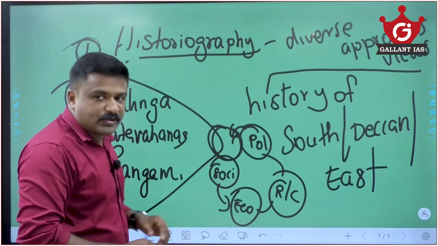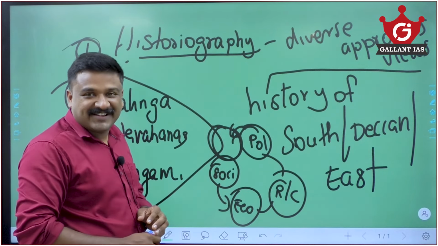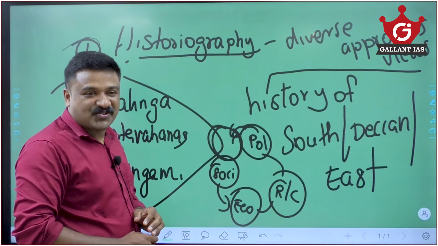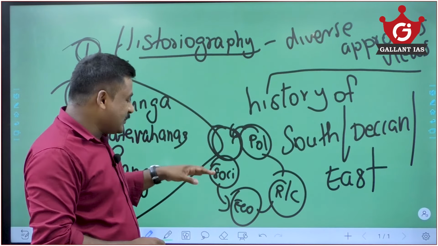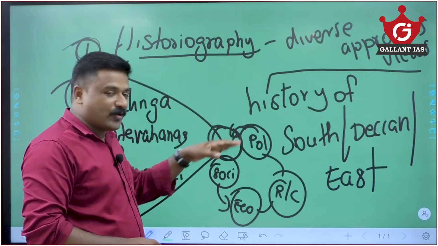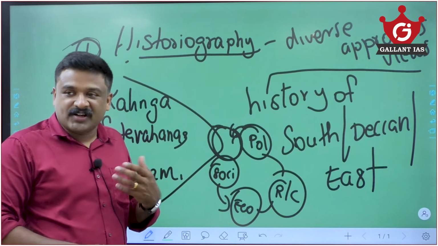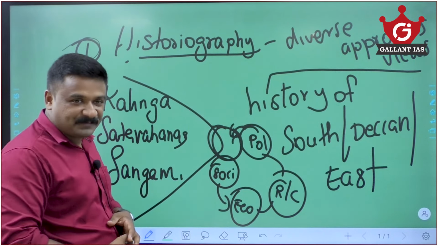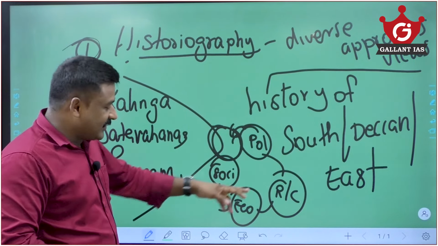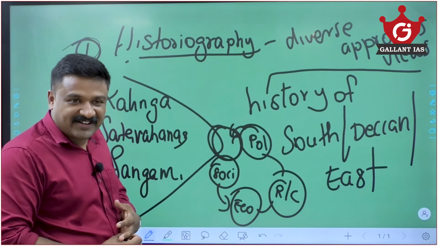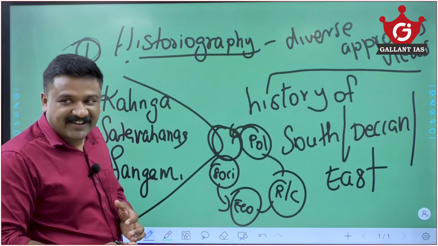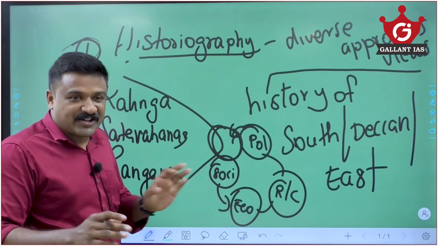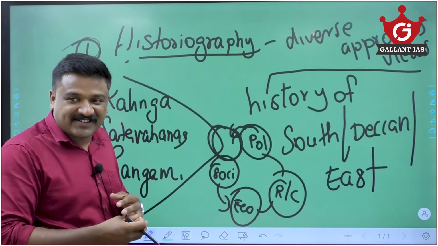What is the next thing we must go for? Shruti, I said socio-economic, religious, cultural, political angles. Then what are the next things we have to cover? Religious culture is there. Then art, architecture, literature, all I put under this culture part.